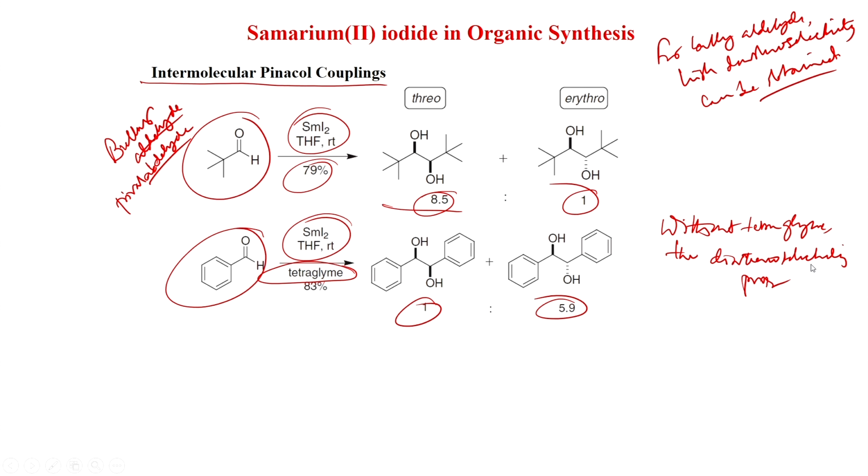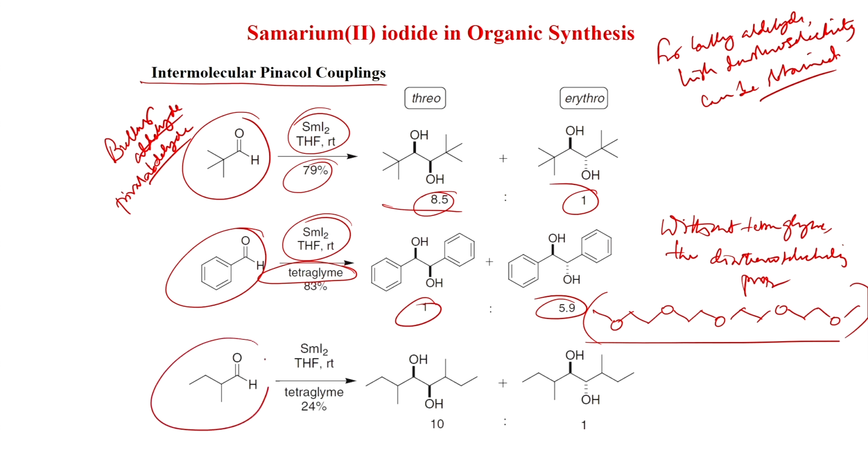And this is the structure of tetraglyme. So, there are 5 oxygen atoms present. This of course coordinates with samarium.